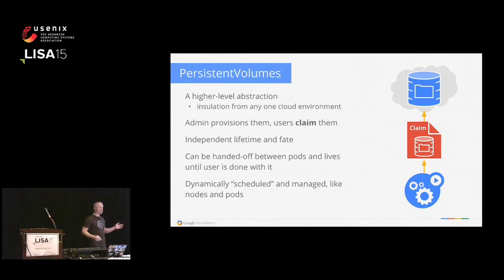So the idea here is, as an administrator, you know that you are running in Google Compute Engine or in Amazon or some other installation, right? I don't want your users, I don't want Kubernetes developers knowing that they're running in Amazon, because I don't want them to couple to the Amazon platform. Big deal in Kubernetes is coupling. But I don't mind you, the admins, knowing, because you're going to know, right?